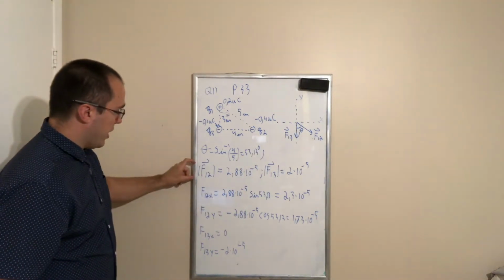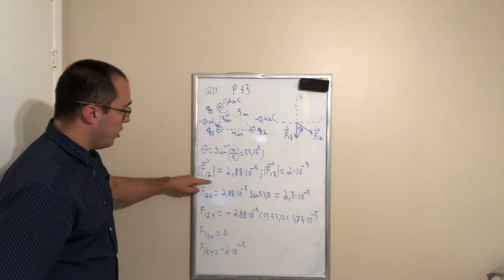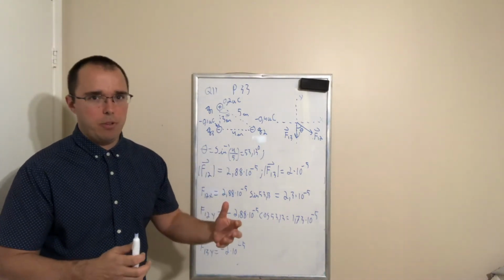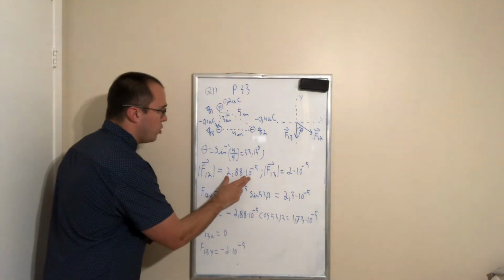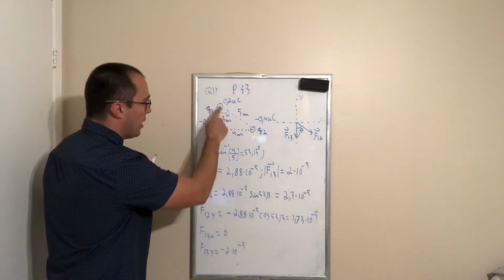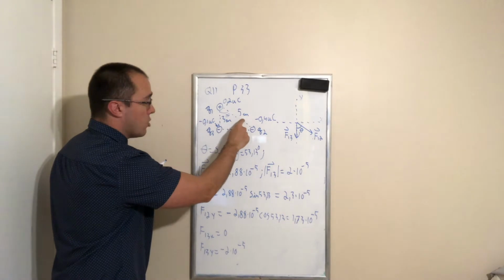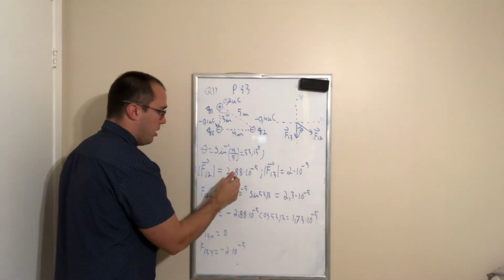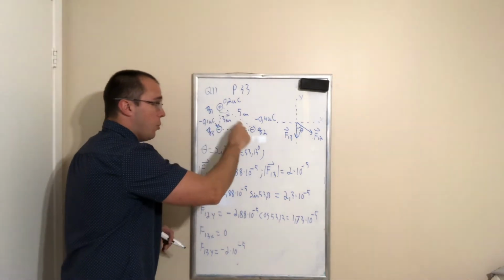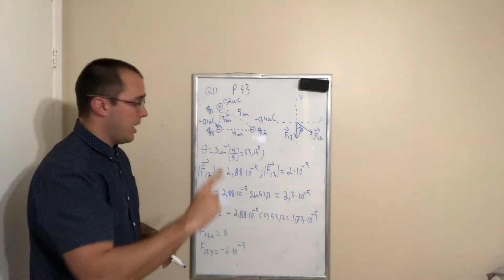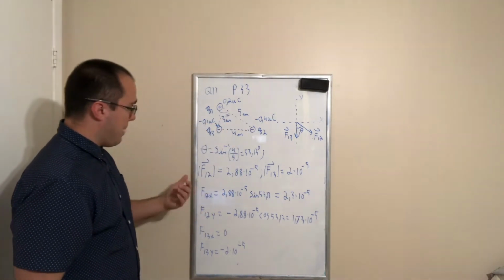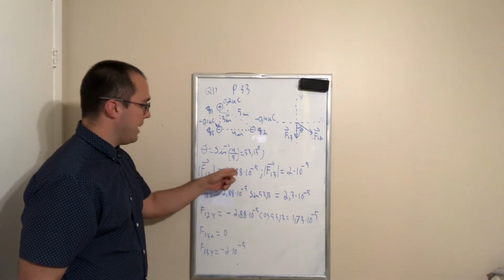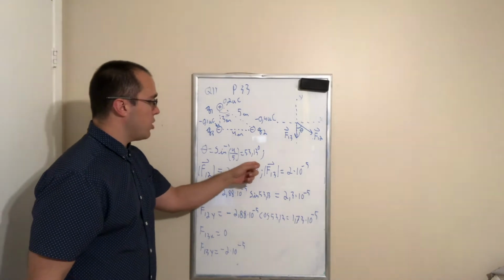For the force vector 1, 2, although I'm not going to do the algebra here, we did it plenty in the previous example, I want you to know that the distance between 1 and 2 is 5 meters in this case. That's really important. It's not written here, I simply wrote the answer to the calculation, but really the radius is 5 meters. That's an important distinction. We get a magnitude for this force vector of 2.88 multiplied by 10 to the power minus 5 Newton.